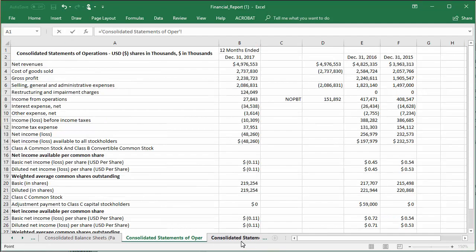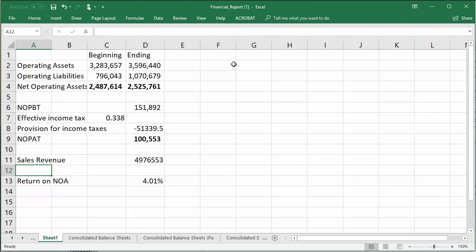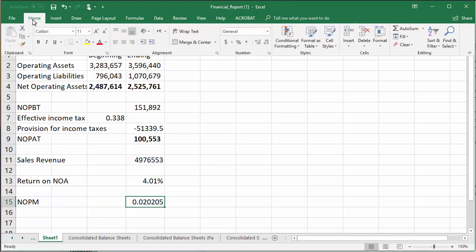Sales revenue, according to the income statement, was $4.976 billion. And therefore, net operating profit margin would be equal to NOPAT divided by sales revenue, or a very pathetic 2%.